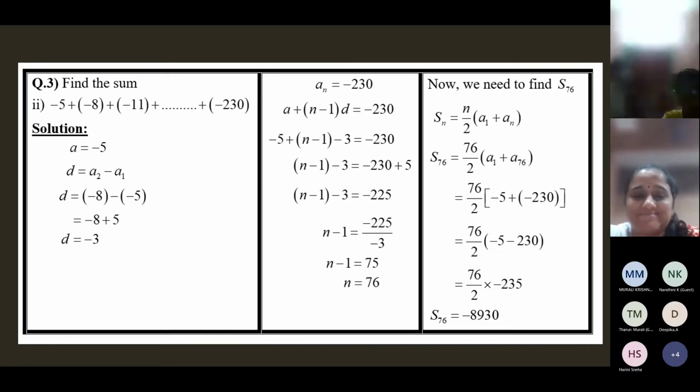Sneha, very good. Very good, Harini. Very good, Ram. I'm sure the others are also doing it correctly. Yes, children, check your steps.